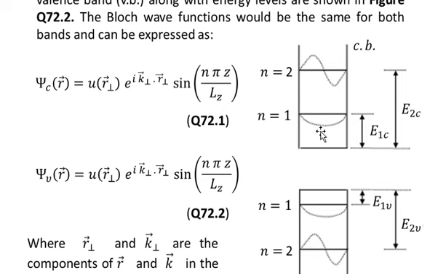Now you see that I have also shown the wave functions, for the conduction quantum well. We have plotted the wave function for the n is equal to 1 state as well as for the n is equal to 2 state. A half wavelength is fitting in the width of the quantum well for n is equal to 1, and one wavelength is fitting for the n is equal to 2 state in the quantum well.